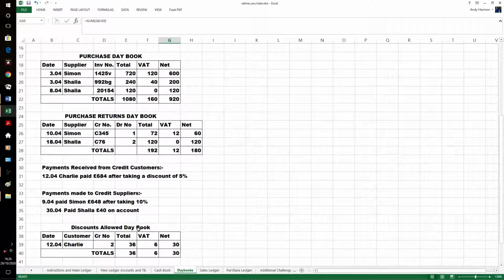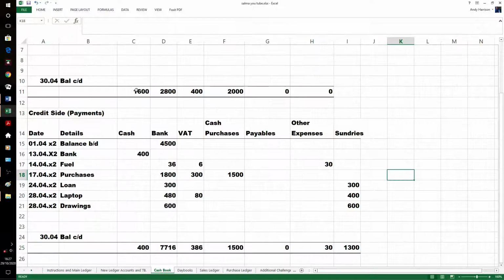Of course the discounts don't happen until the date of the money coming in, so this will come into our cash book. And we've got the discounts allowed day book, so the 5% for Charlie is actually the £36 including VAT. But this is money coming in, so into our cash book.